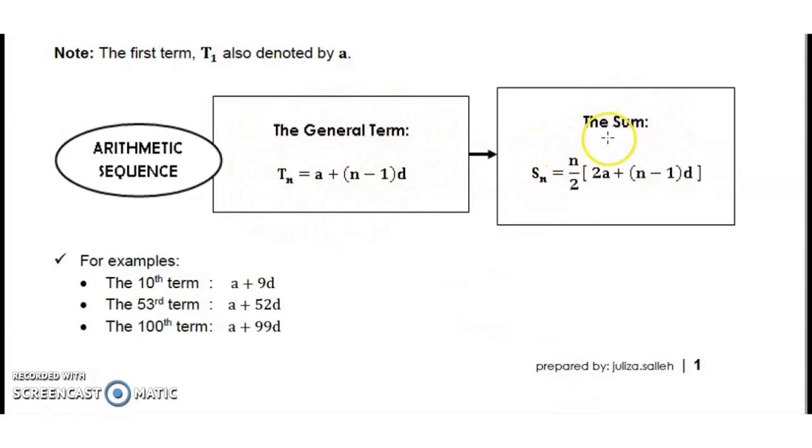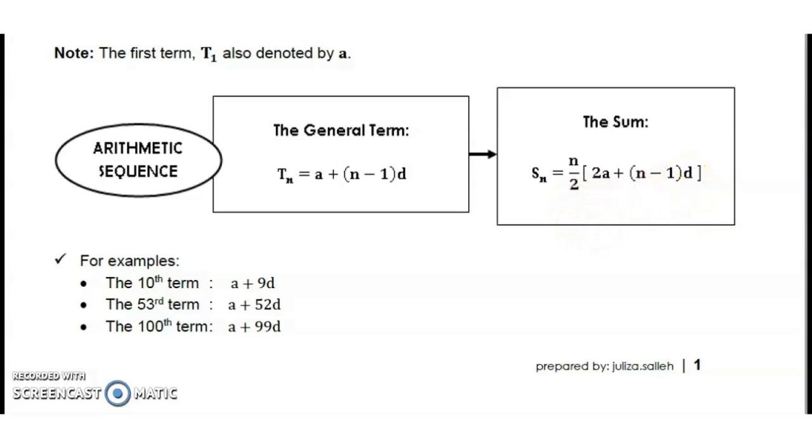Now the sum: the sum of an arithmetic sequence is given by Sn, referring to the sum, and n referring to the number of terms. So Sn equal to n over 2 multiplied by 2a plus n minus 1 multiplied by d.